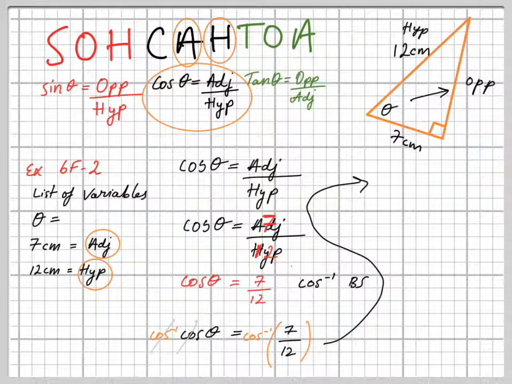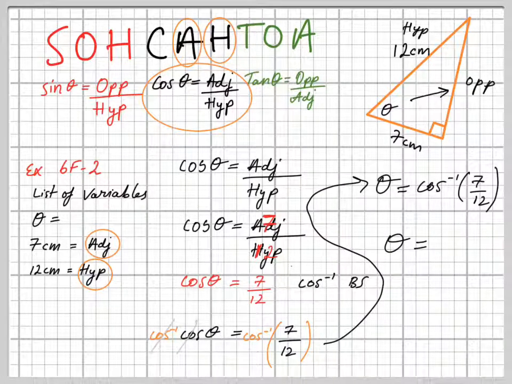So we're left with theta is equal to cos inverse 7/12. And if you put that into the calculator, to the nearest degree, that is equal to 54 degrees.